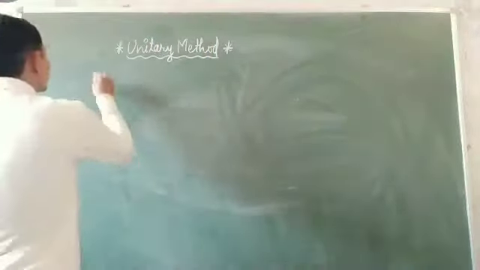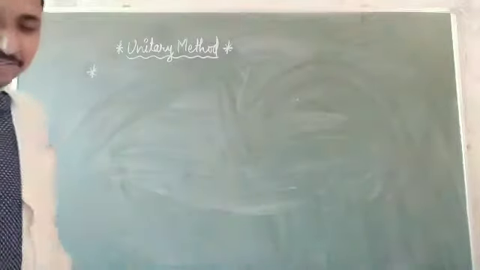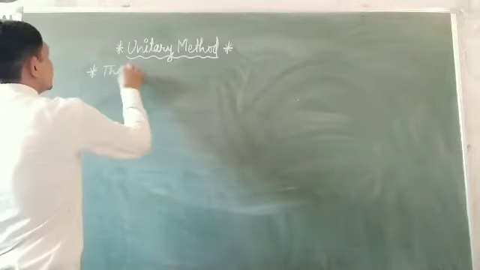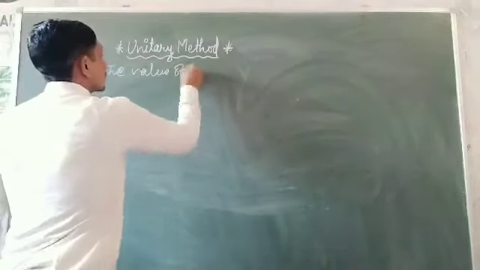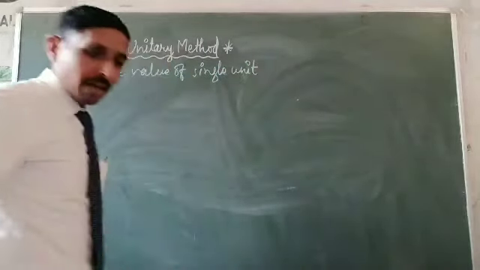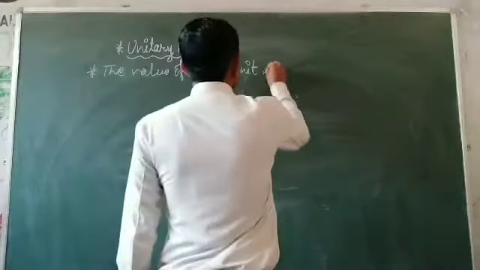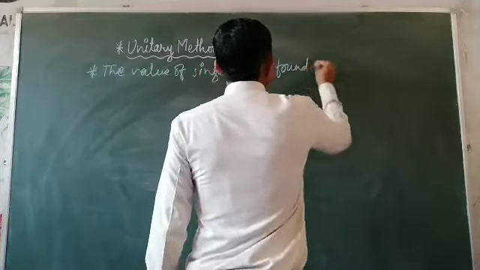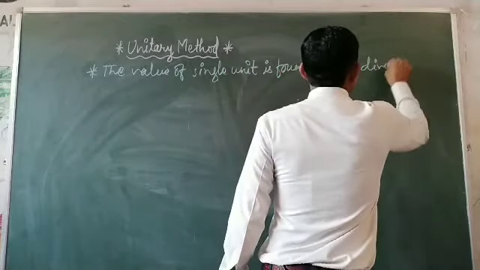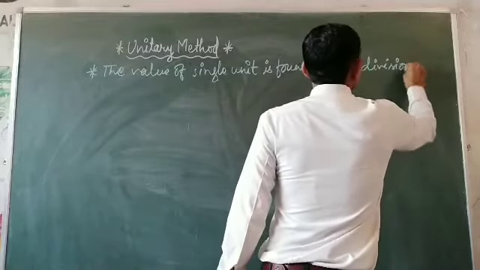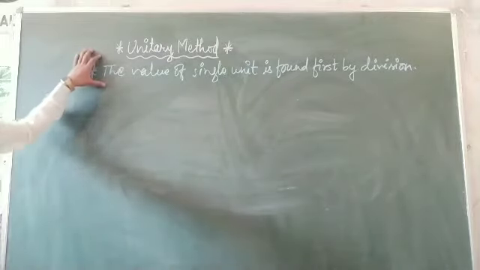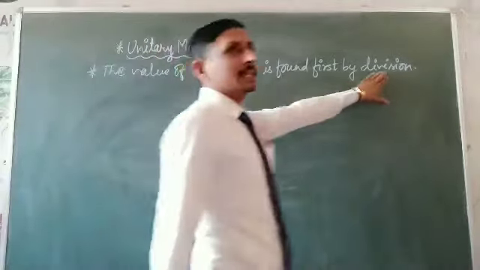So first of all, the process is: the value of a single unit is found first by division. In the unitary method, first we have to find the value of a single unit, which is found by using division.